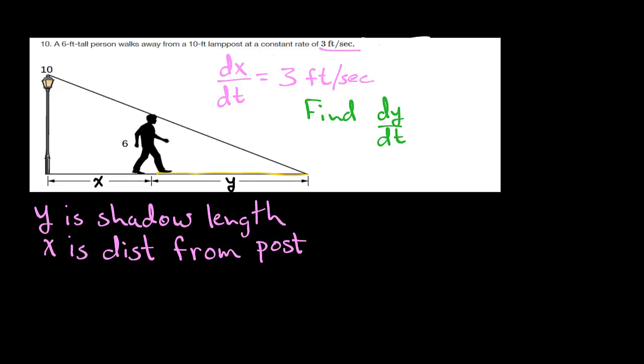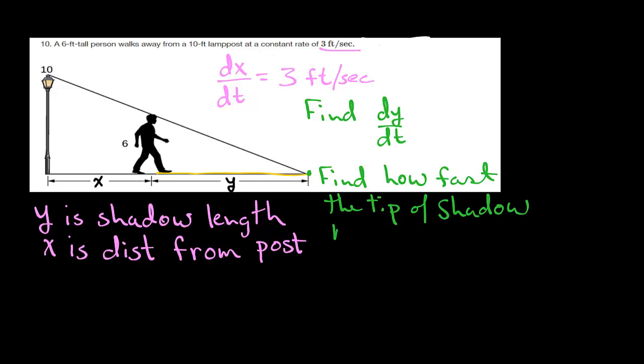And I want to find how fast the tip of his shadow, this point right here, is moving away from the light post. I want to find those two things.